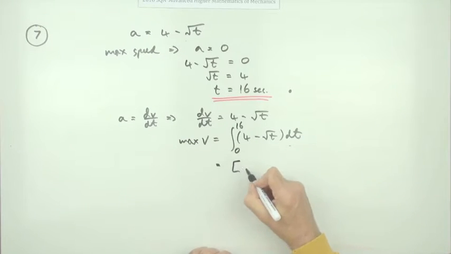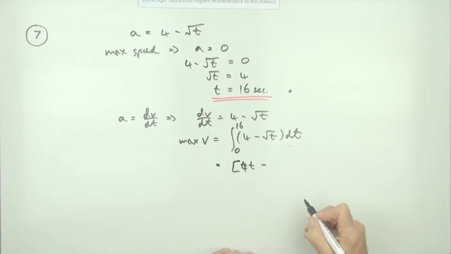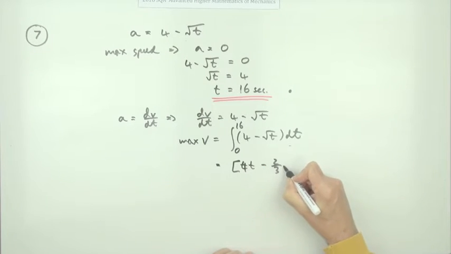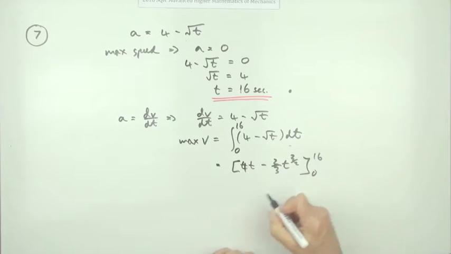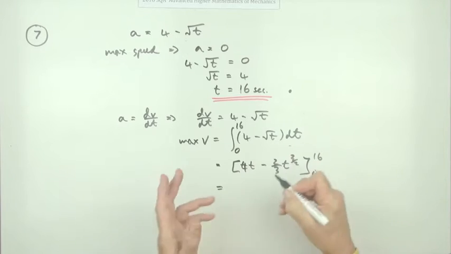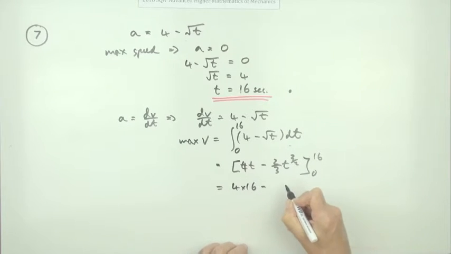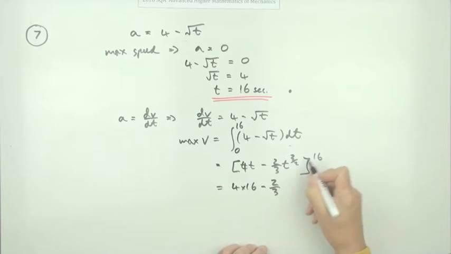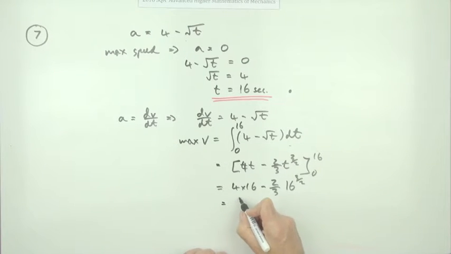Then you would say, well, that's going to be 4t minus 2 upon 3 t to the 3 upon 2, from 0 to 16, and then put the 16 in. Now the constant doesn't really matter. So 4 times 16 minus 2/3 of 16 to the power 3 upon 2, minus 0 of course when t is 0, which of course just comes to the same thing, 64 upon 3 metres per second.